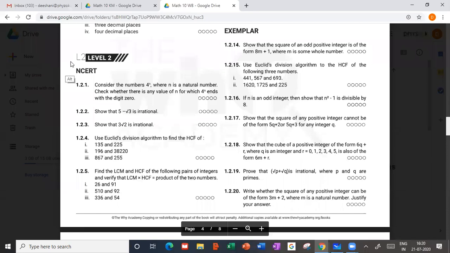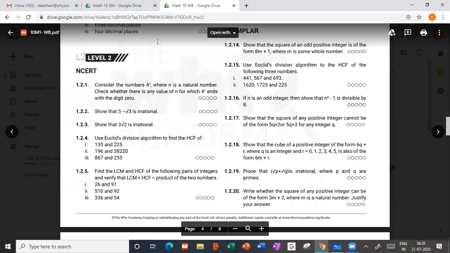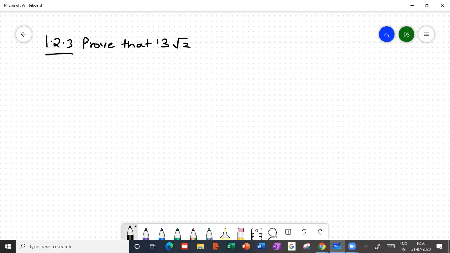It's easy. Come on. Prove that 3 root 2. What happened? Where did all of you disappear? I'm not sure if it's correct, but you can give it a try.